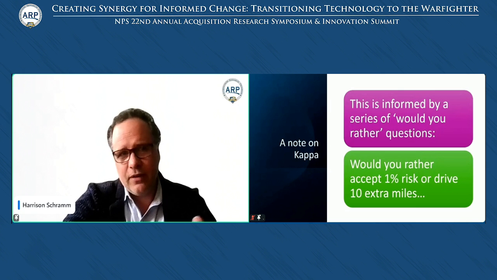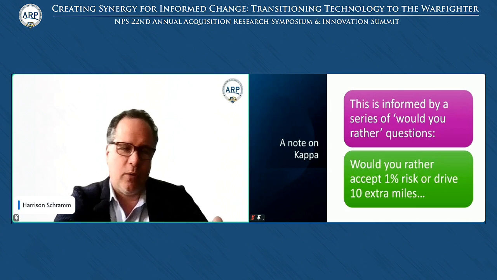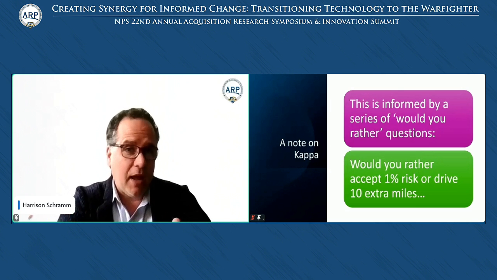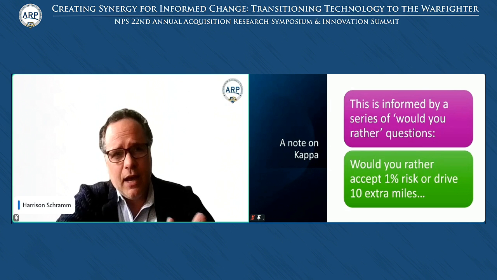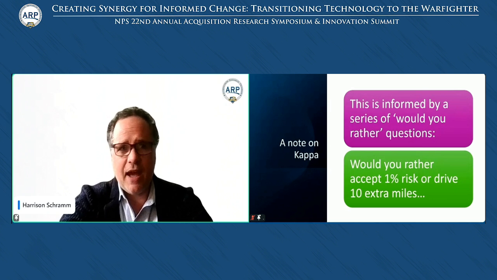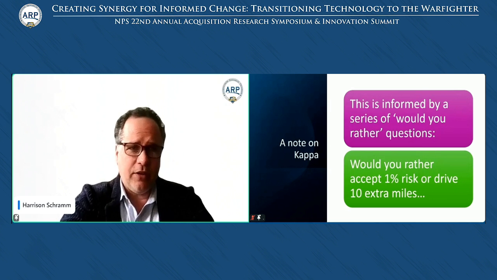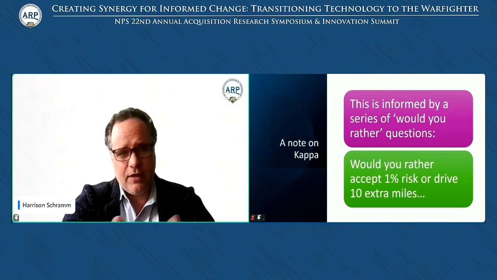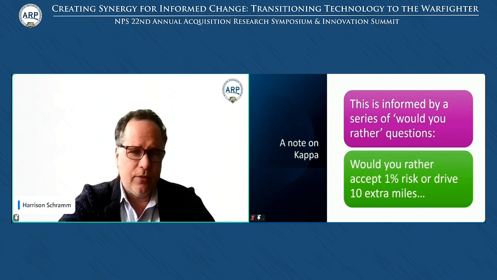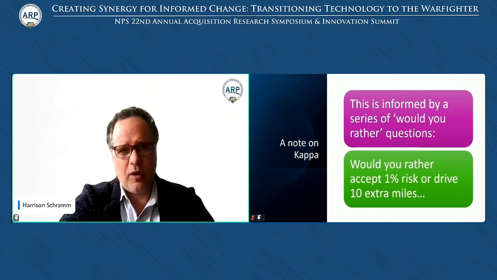For example, would you rather accept 1% more risk or take 10 extra miles of linear distance? Those sorts of questions have to be asked before you enter the scenario, because you need to get a sense of the decision maker's risk tolerance. And that's actually borrowing some ideas from financial portfolio management to do that.